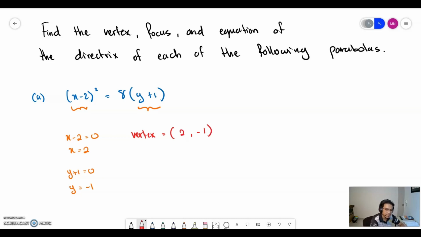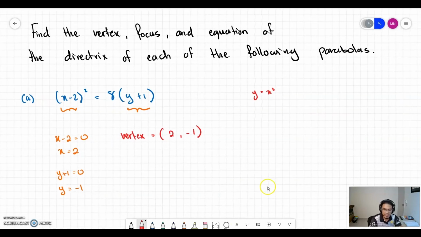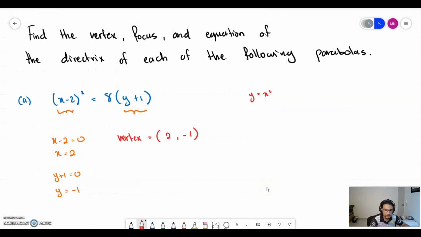That is how easily you can determine the vertex from the equation of a parabola. The equation of the parabola shows that the square is placed with the x, so it's just the same as y equal to x squared, a positive one. So we know our parabola opens vertically.